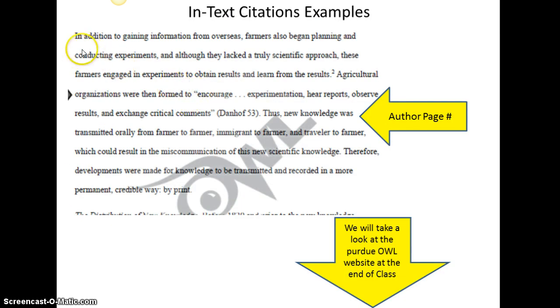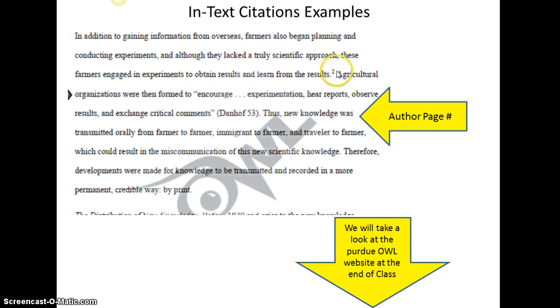All right, so for instance, you want your in-text citations and your quotes to flow with your own language. Notice this: "In addition to gaining information from overseas, farmers also began planning and conducting experiments, and although they lacked a truly scientific approach, these farmers engaged in experiments to obtain results and learn from the results." Now, you don't need to do numbers because we're doing MLA.